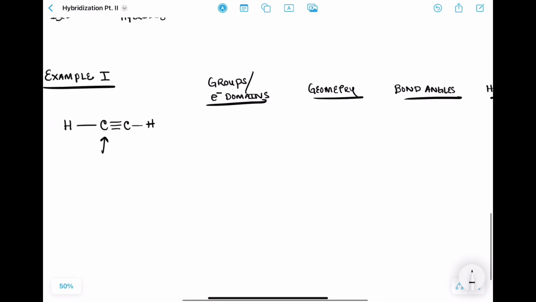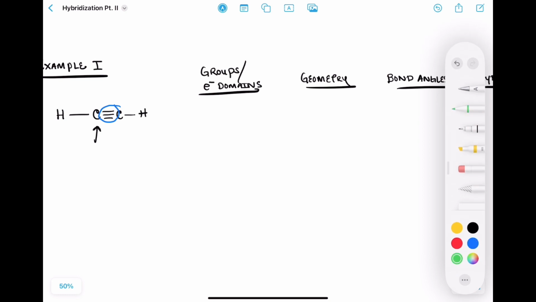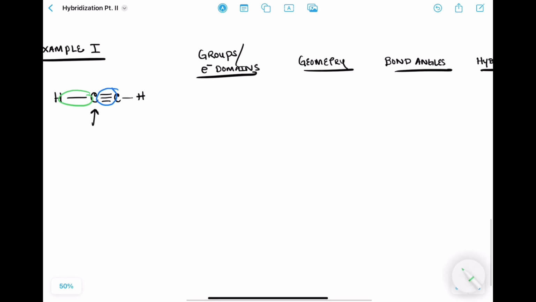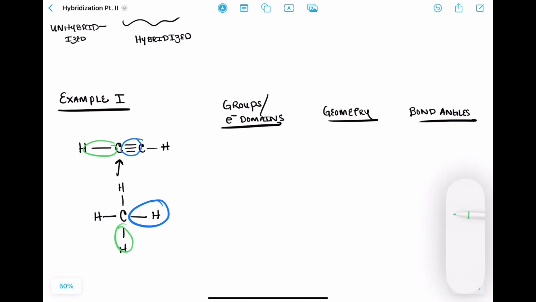When we look at this example, we're going to see there are 2 domains around this carbon. Let me change the color. Here is 1 domain in the blue and 1 domain in the green. So those are electron domains. To give you a contrast, a carbon with 4 hydrogens around it is going to have 4 electron domains.